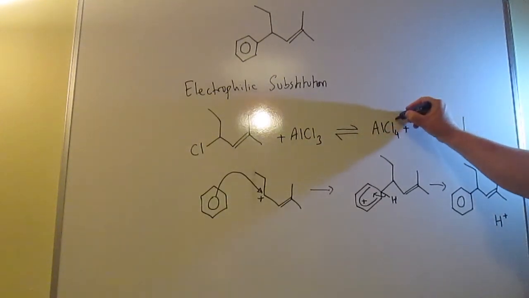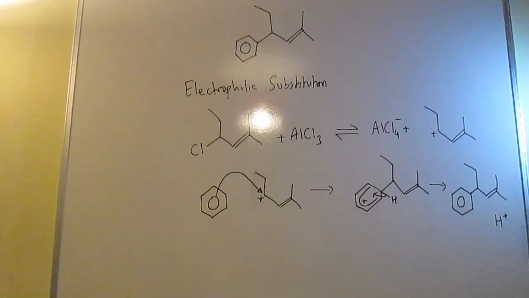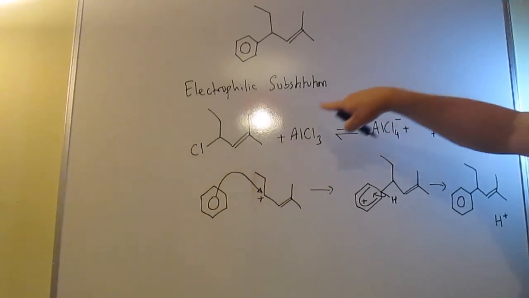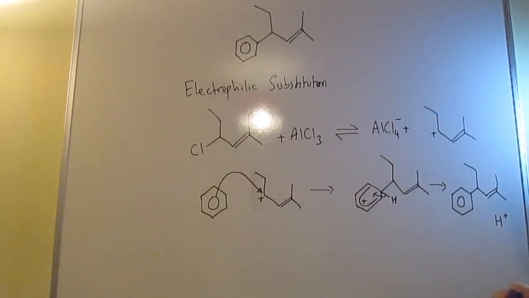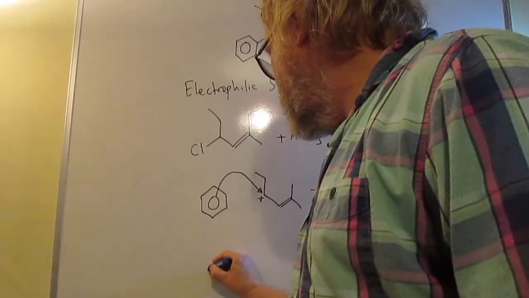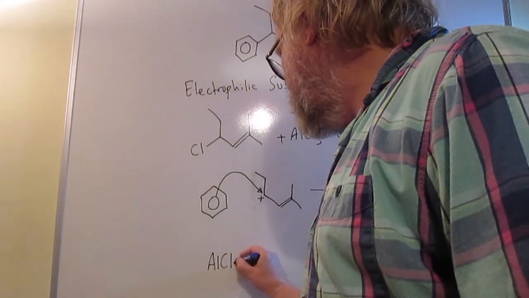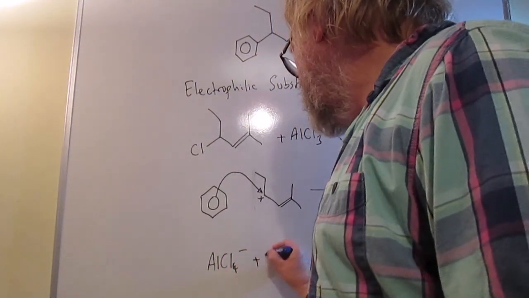We're nearly there now, but we're not quite there, because we've got to regenerate our catalyst. And, sorry, that should be AlCl4- up there, because of course it grabbed Cl-, so we've got to turn that back into AlCl3. So we get AlCl4- plus H+.